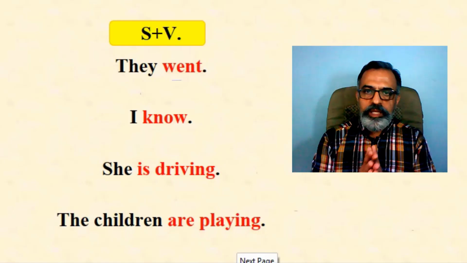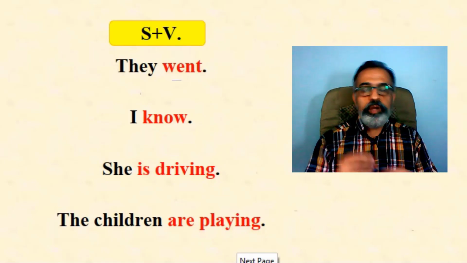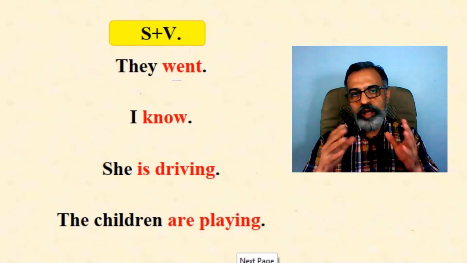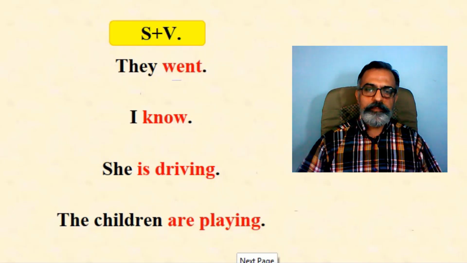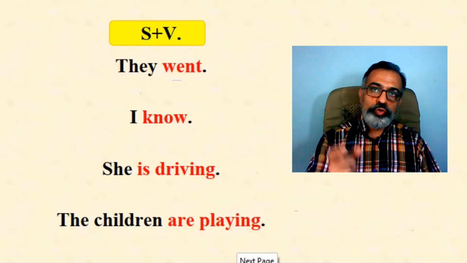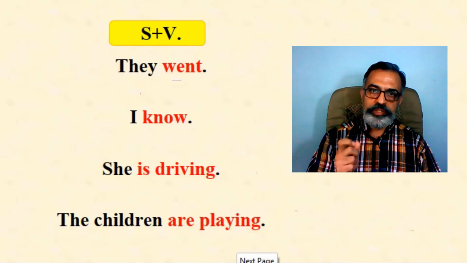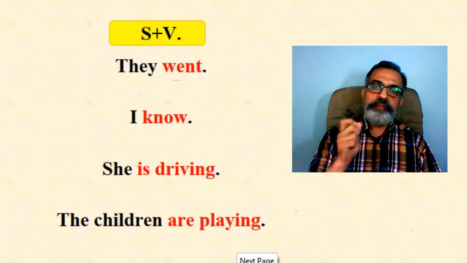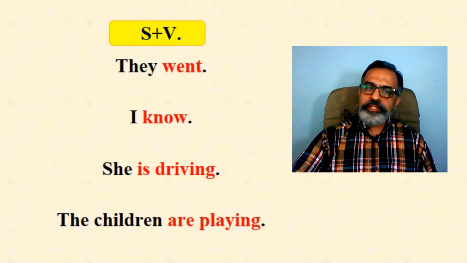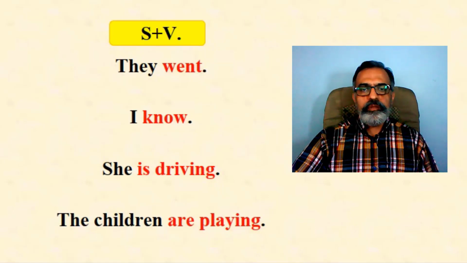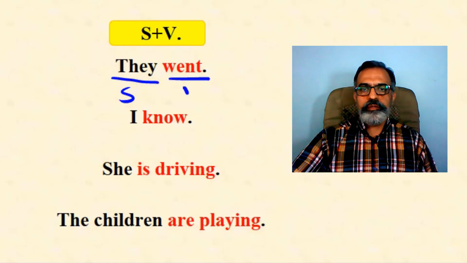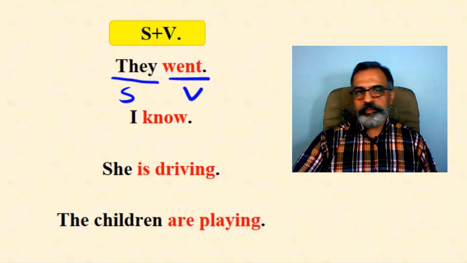Now, let's see how we are going to use these items in a simple sentence. I can say that the shortest simple sentence in English must have a subject and a verb. Let's check these sentences. They went. They, subject; went, verb, main verb.